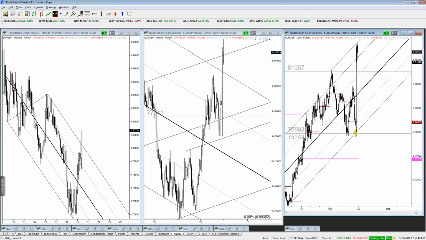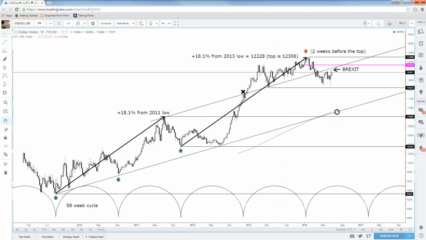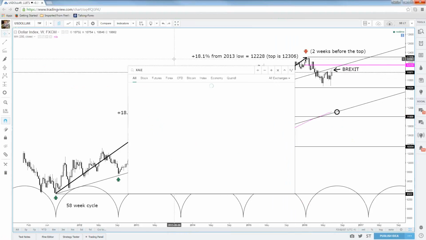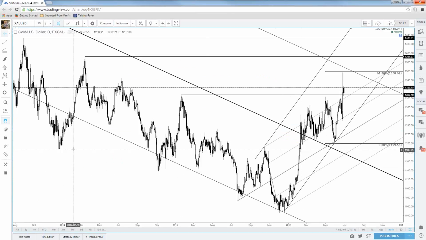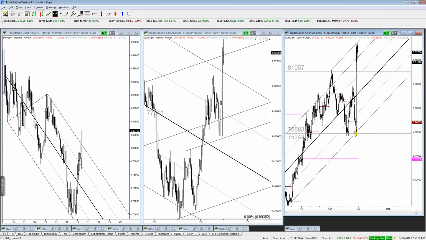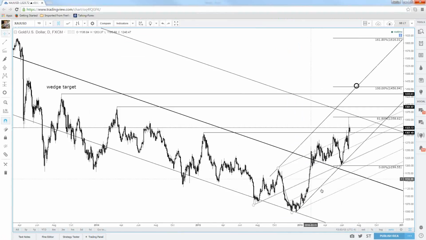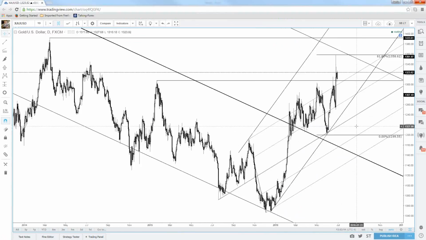In gold, sure thing. The gold picture is kind of complicated because you have, well, the COT, you have a record position for shorts.